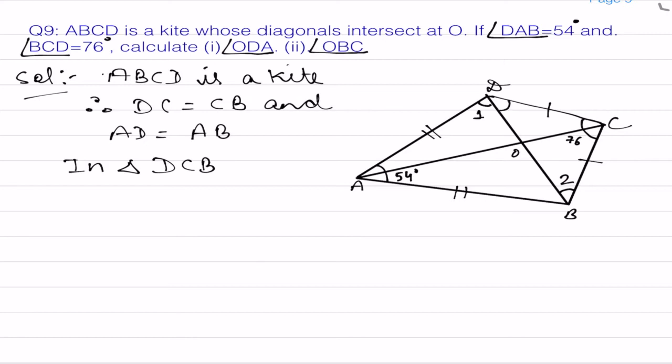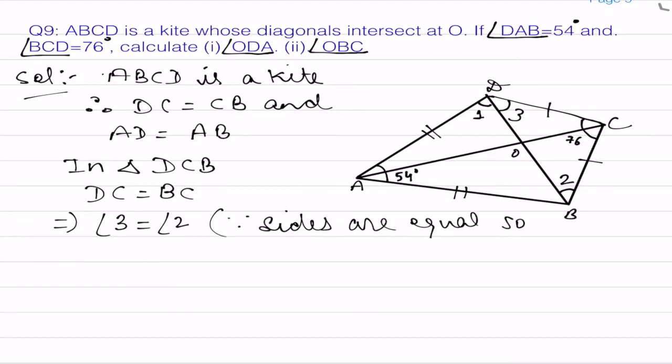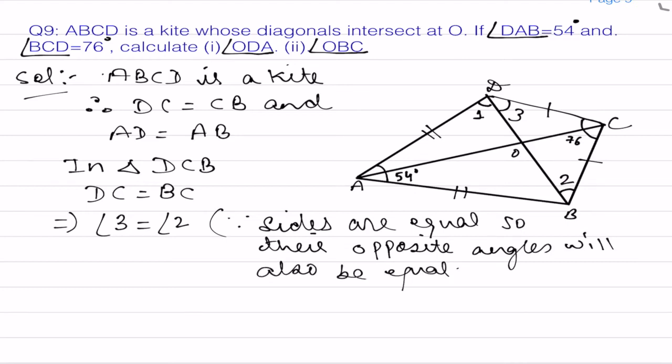So give the name angle CDB as angle 3. So DC is equal to BC. This implies angle 3 is equal to angle 2, because sides are equal, so their opposite angles are also equal. This is a property of an isosceles triangle. So let us suppose both the angles are equal to x. Therefore, we will use the angle sum property now.